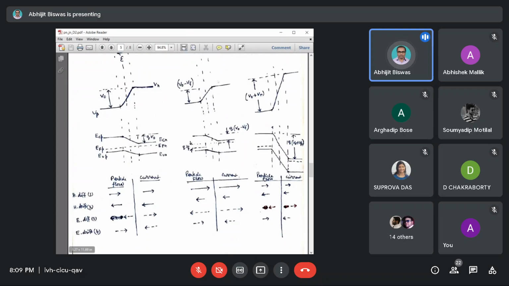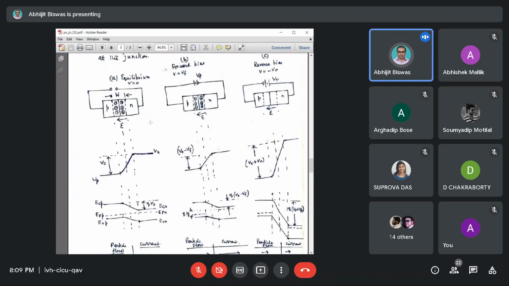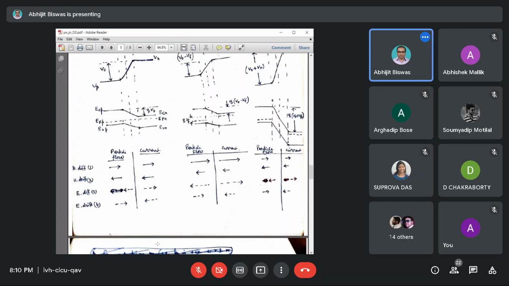The similar thing happens for electrons. Electron diffusion happens from N side to P side, and the corresponding current will be in the opposite direction because electrons carry negative charges. And the electron drift is from P side to N side, and the corresponding current will be in the opposite direction.